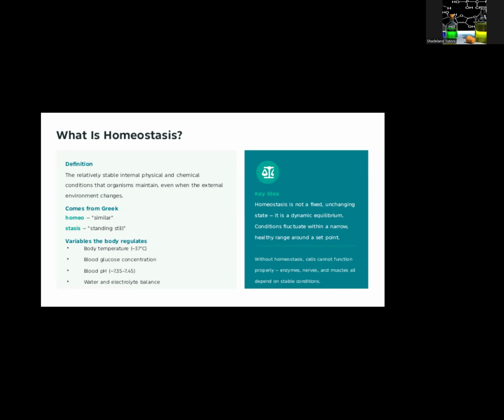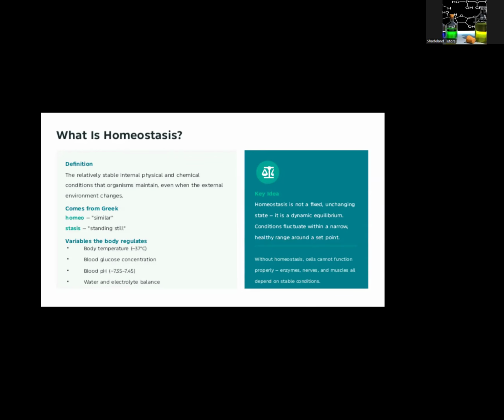Okay, so let's go forward. So we've talked about blood glucose concentration, how it's regulated, blood pH. We've also talked about water and electrolyte balance, how they are regulated. I'm looking at this slide on the screen now: variables the body regulates.